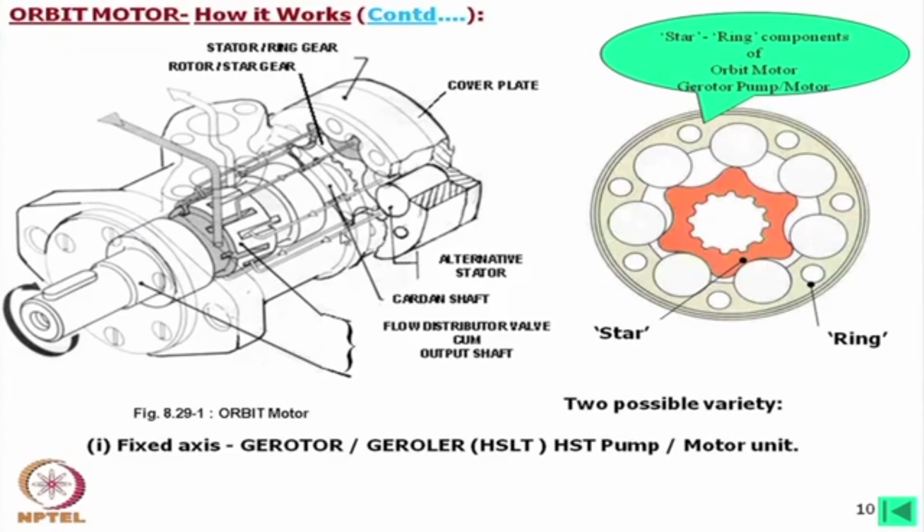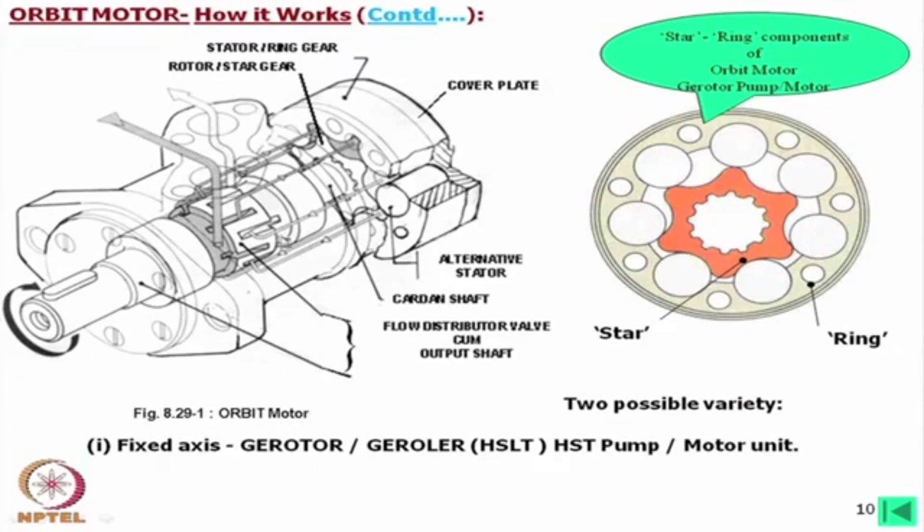And if we ask why the orbit motor is not used as a pump? You see, this is basically a high torque low speed machine. If we would like to use this as a pump, for the same pumping action we have to transmit very high torque at low speed. Say, using an engine, we may have to use a reduction gearbox to run this as a pump, which is not beneficial.